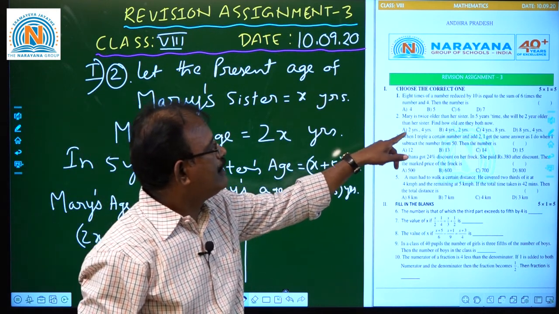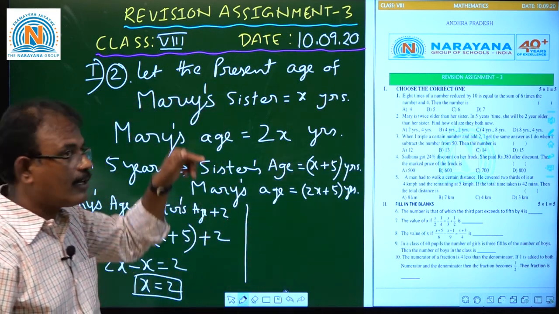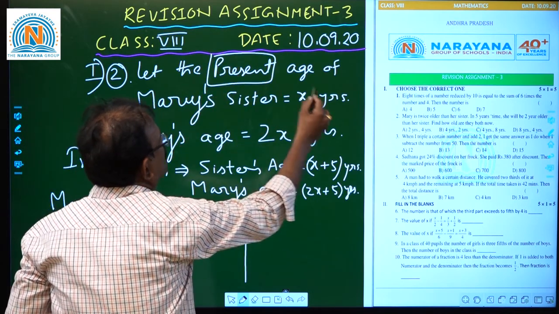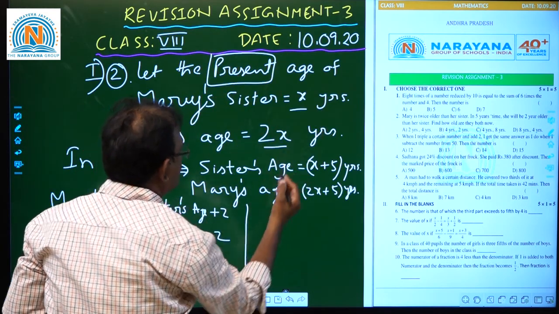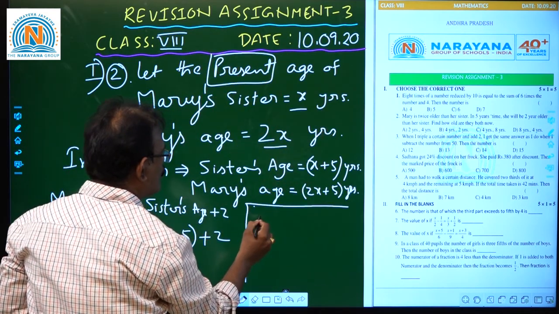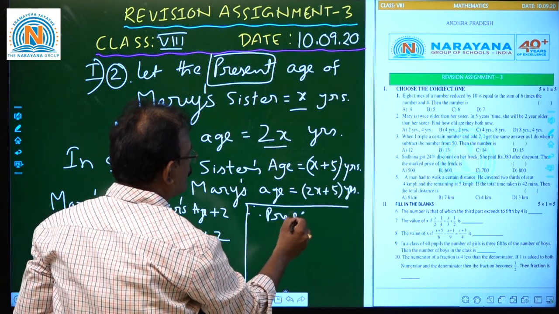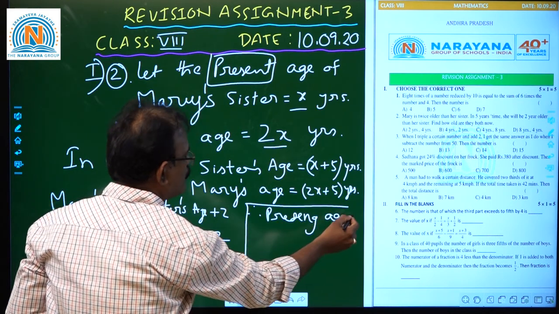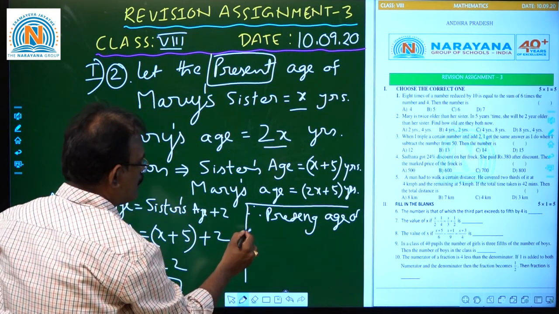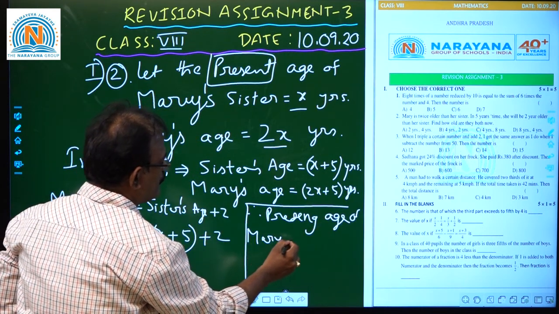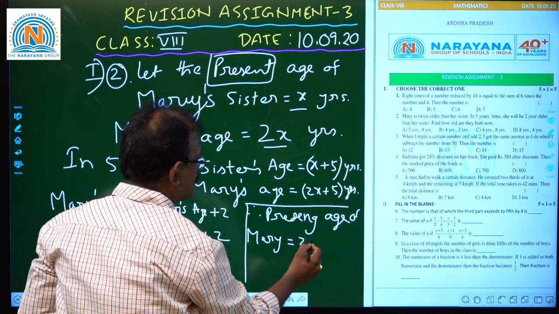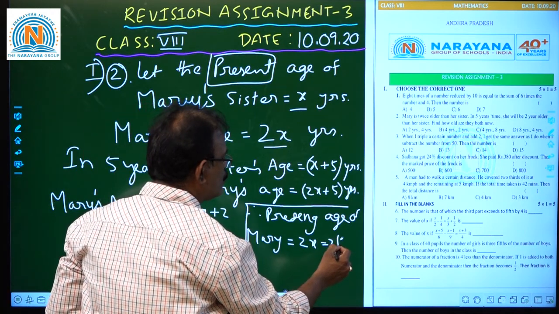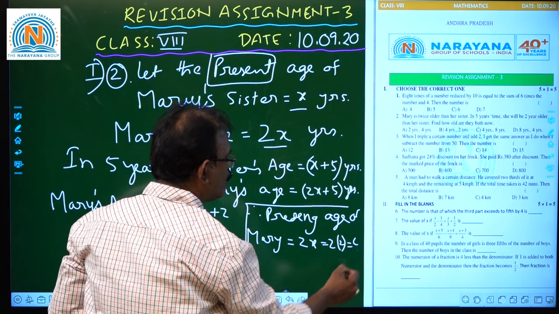So what they are asking: find how old they are both now. Now means present. Present means we should consider these. So the present age of Mary is 2x, and x is equal to 2, so 2 into 2 is 4 years.